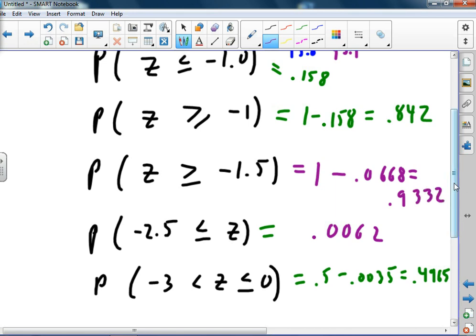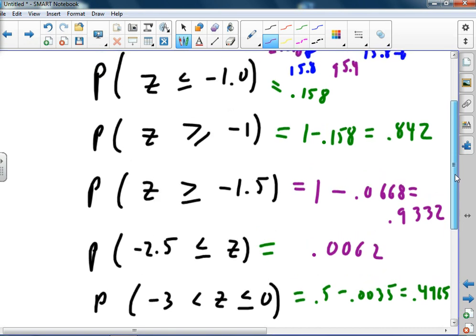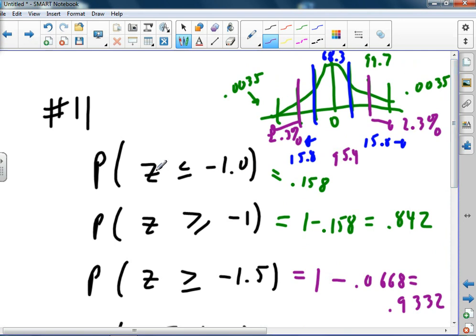Okay. Then we're going to go back and redo the ones that we just got off our chart, and we said Z was less than or equal to -1. So I look at -1, and I get 0.1587. Do I have 1.5? Yes, I do.